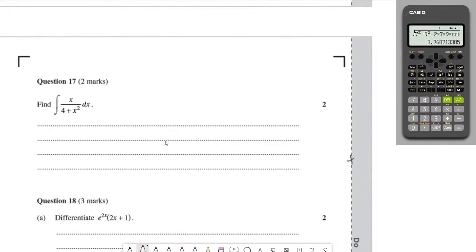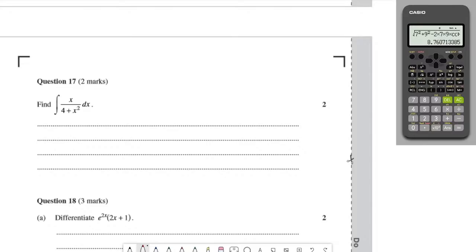Okay. Let's have a look at this one. So, find the integral of this. Now, I know, because I've just recently done this, that if you have the derivative of something on top of the function itself, then it turns into the logarithm function.